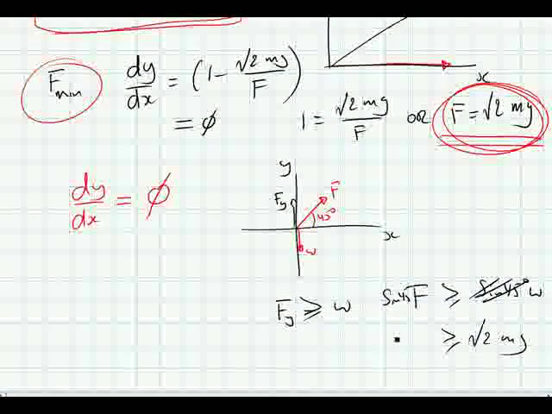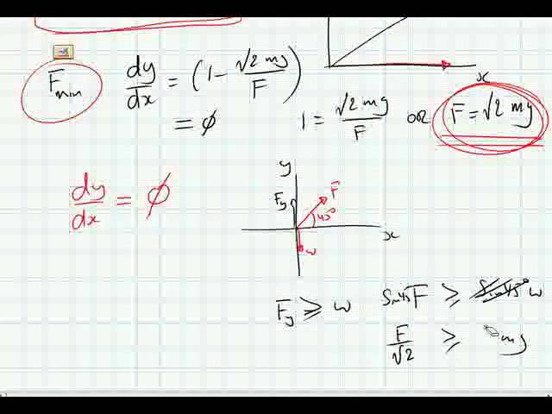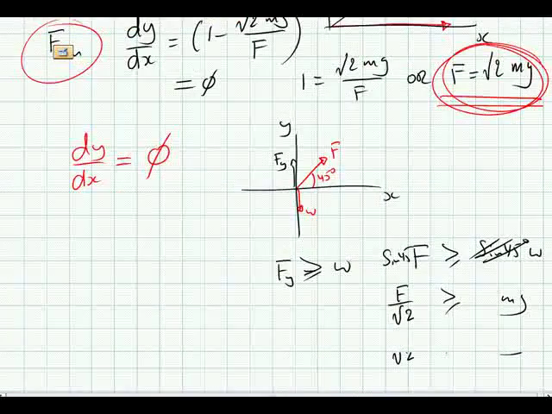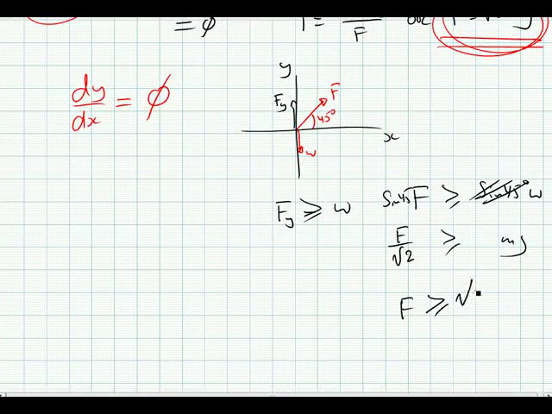So if you bring it over, this is 1 over root 2. So that'll be F over root 2 greater than or equal to mg, which makes it F is greater than or equal to root 2 mg.